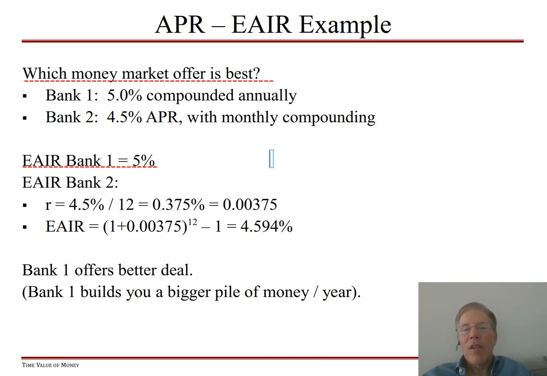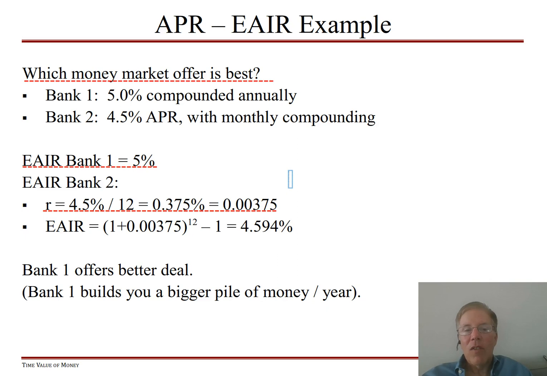Unfortunately, we're given this stupid APR number, so we're going to have to solve for R from the APR, and then we can get the equivalent annual interest rate. Okay, so using that magic of algebra, solving the APR equation for R, we find that R is equal to the nominal APR divided by the number of compounding periods in a year.